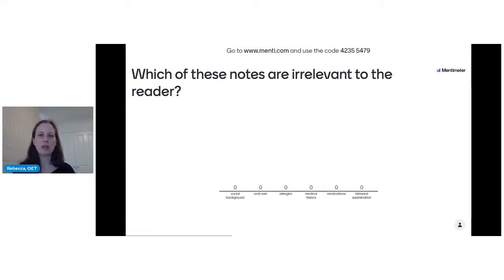What do you think? Thinking about the fact that we are referring the patient to an endodontist because of the need to treat a tooth that has perhaps got a reinfected canal system. Which of these details would you say are irrelevant to the reader?